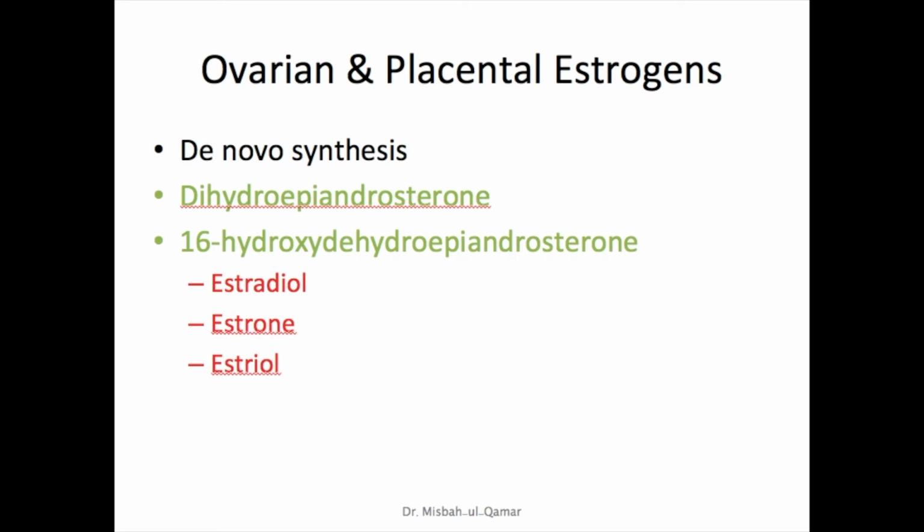The difference in ovarian and placental estrogens is that the placental estrogens are not synthesized de novo from basic substrates in the placenta. They are formed almost entirely from androgenic steroid compounds such as dehydroepiandrosterone and 16-hydroxy dehydroepiandrosterone.